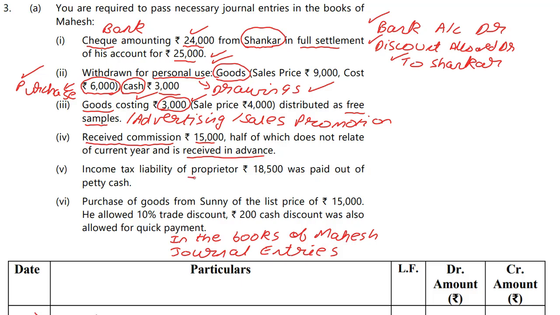Now, whenever it is to do with the proprietor, remember income tax liability for a proprietor is the proprietor's problem, not the business's problem. If the proprietor uses cash from the business, it is going to count as drawings. Simple as that. So if it's paid out of the petty cash, then we will have to pass an entry using the petty cash account rather than normal cash account.